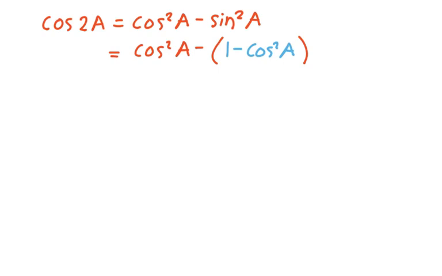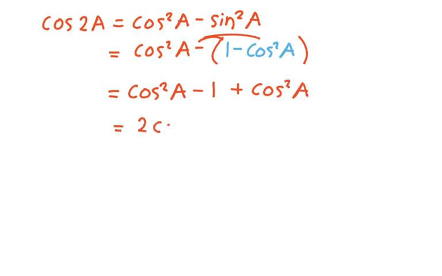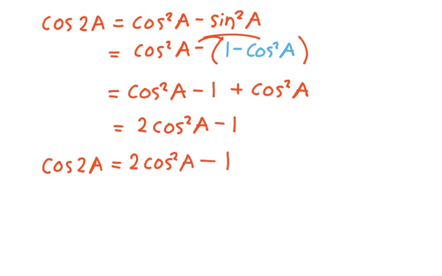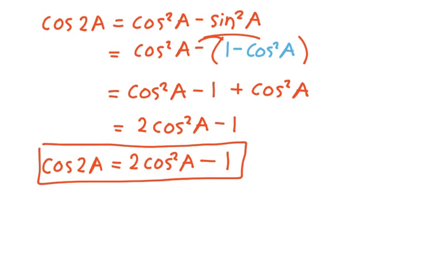But what you want to do is distribute the negative in, and you get cosine squared a minus 1 plus cosine squared a, which is equal to 2 cosine squared a minus 1. And so cosine 2a is 2 cosine squared a minus 1. And those are the 3 versions of the double angle formula for cosine.